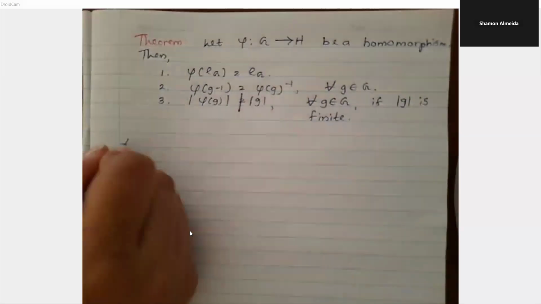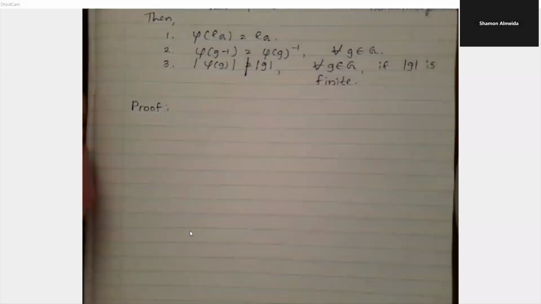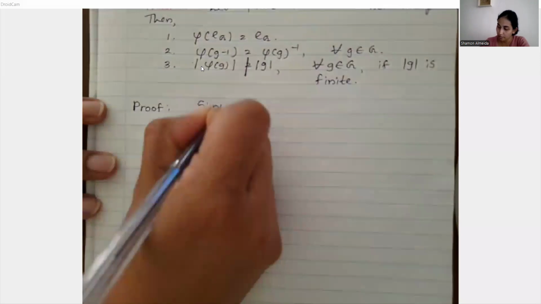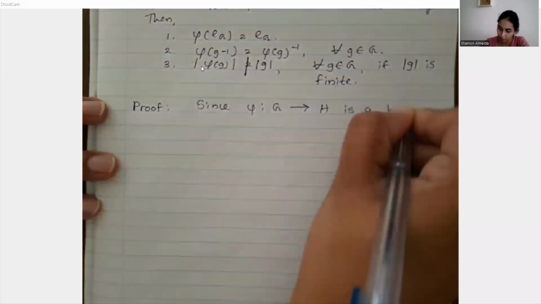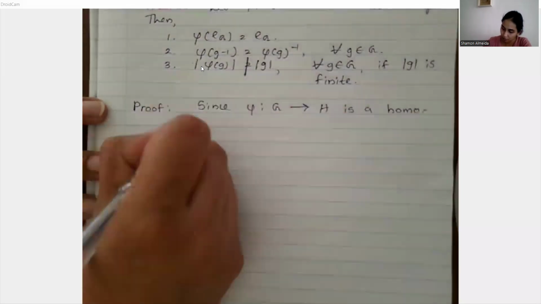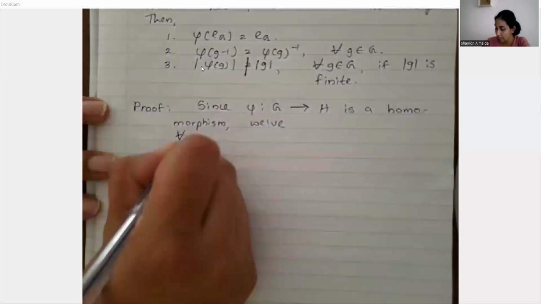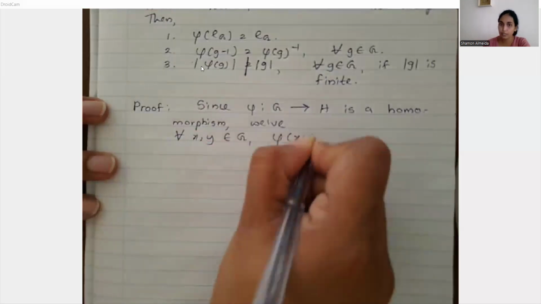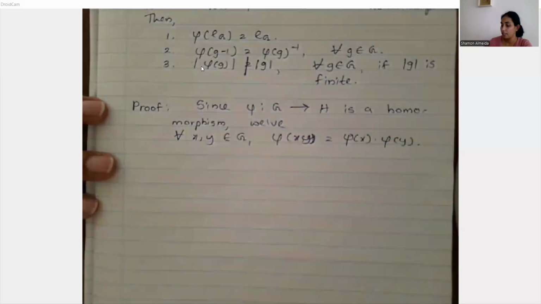Okay. Let's prove the first one. Let me write, since this function is a homomorphism, we have phi of x times y equal to phi of x times phi of y for all x, y in G. I'll take this to be 1.